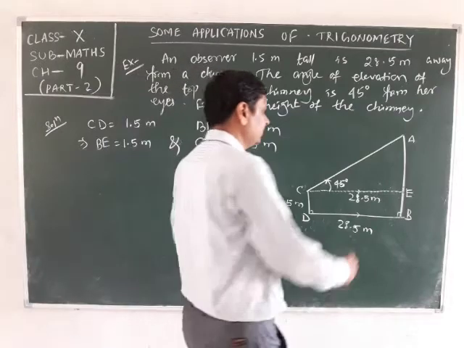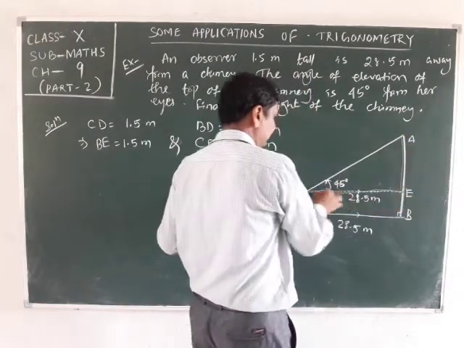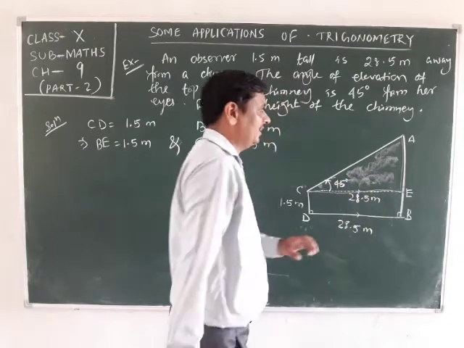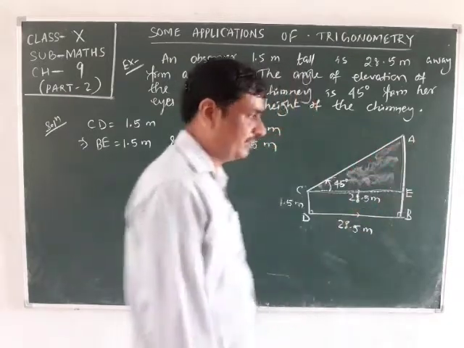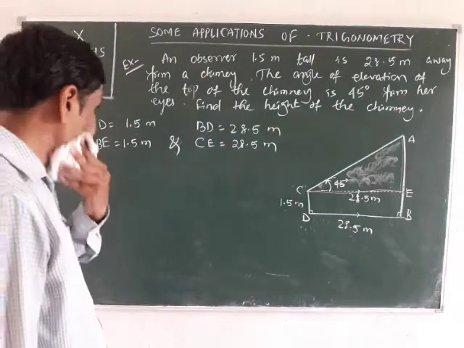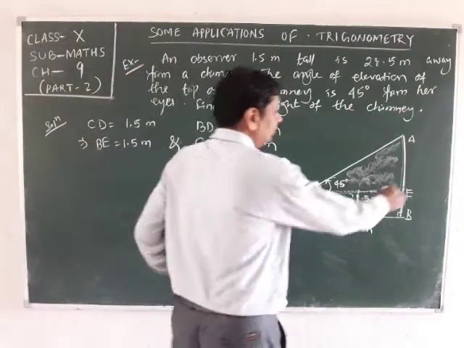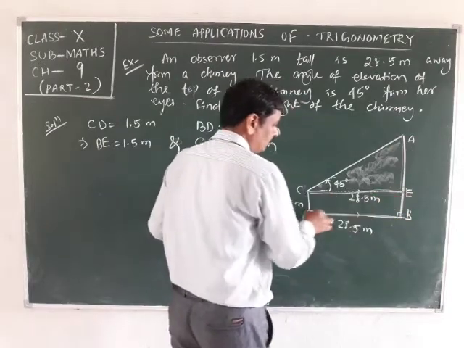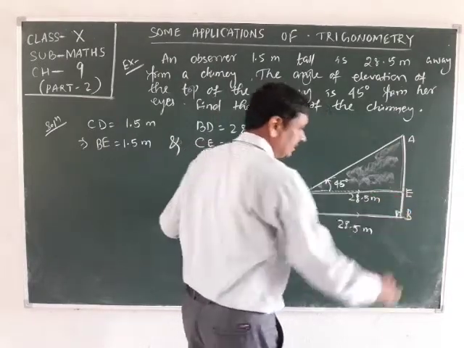Now we will take the triangle AEC. In this triangle, we can find the length AE by using trigonometric ratios. Since these two are parallel, this angle is 90 degree.